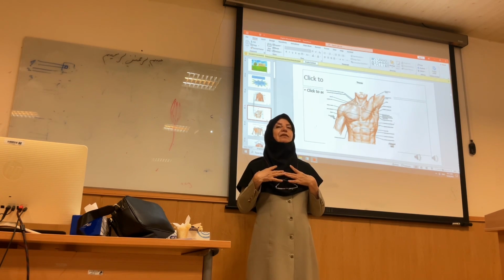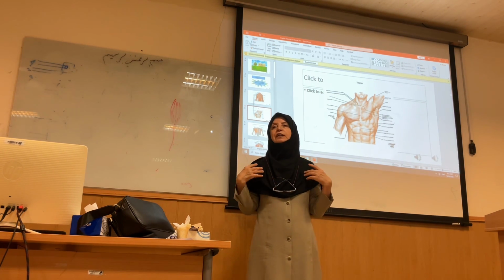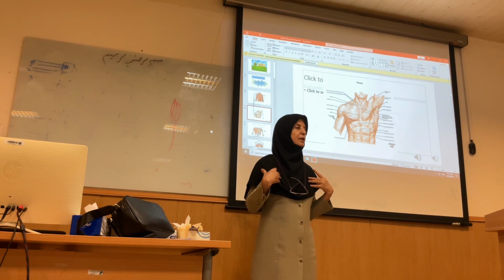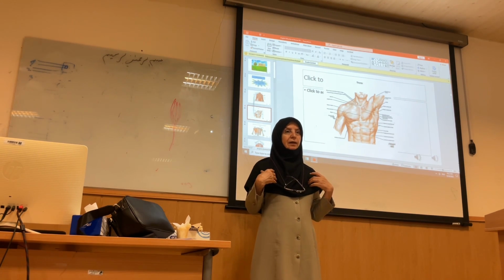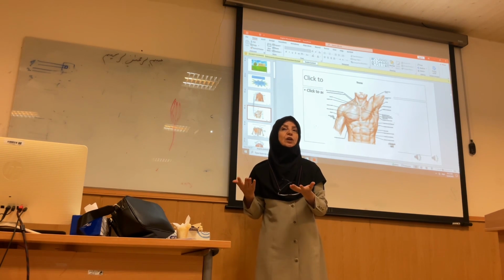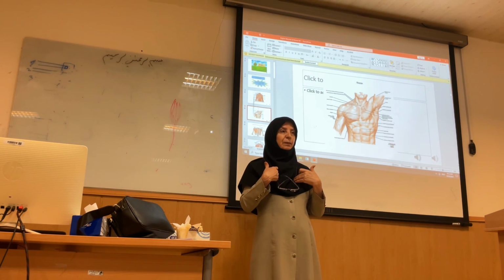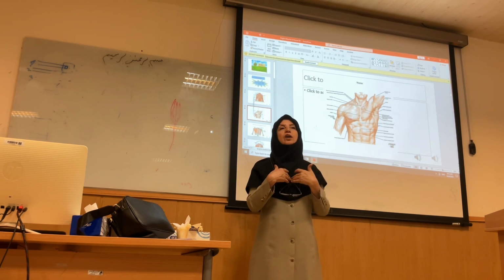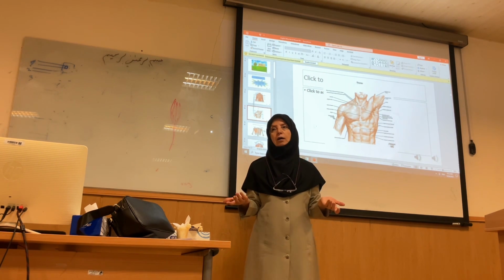After the skin, we show you the superficial fascia. Superficial fascia is full of lipid. In histology, this superficial layer is the hypodermis, but in anatomy, we call it fascia.